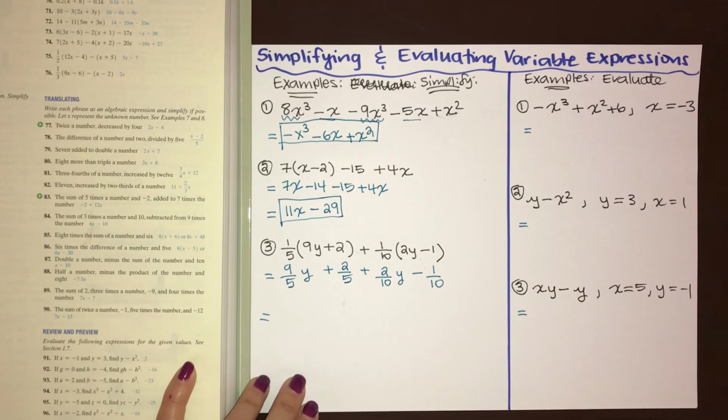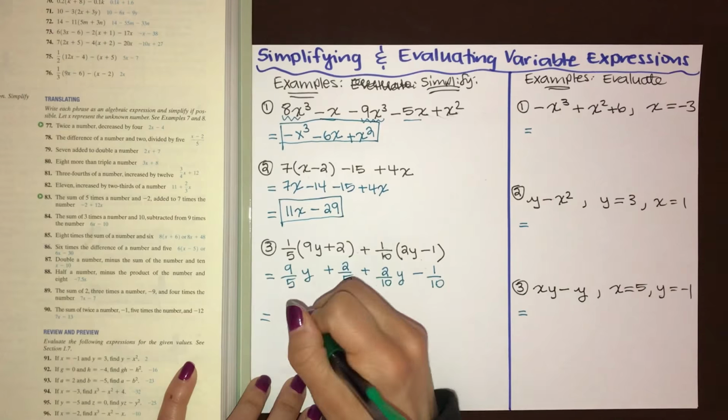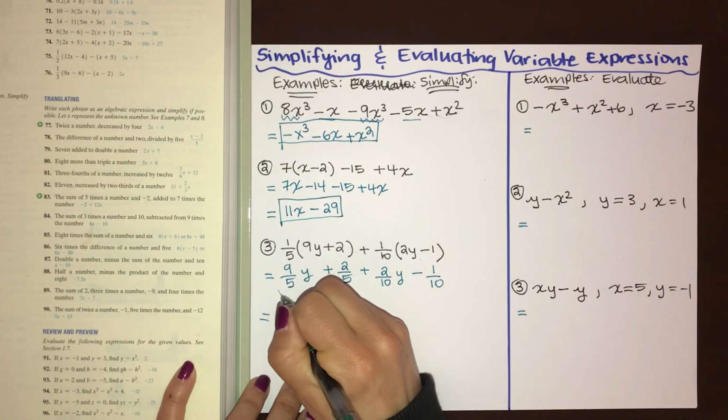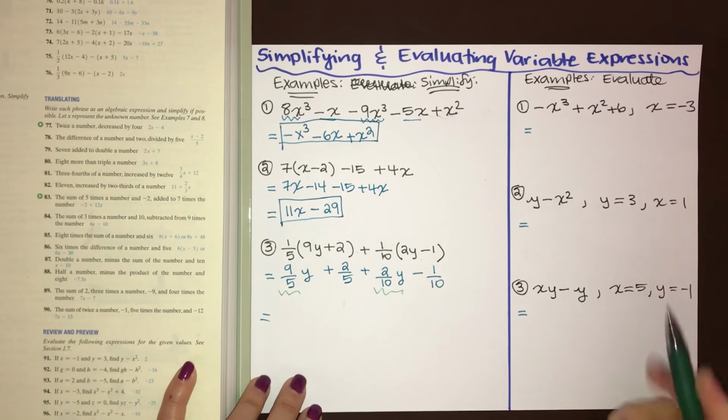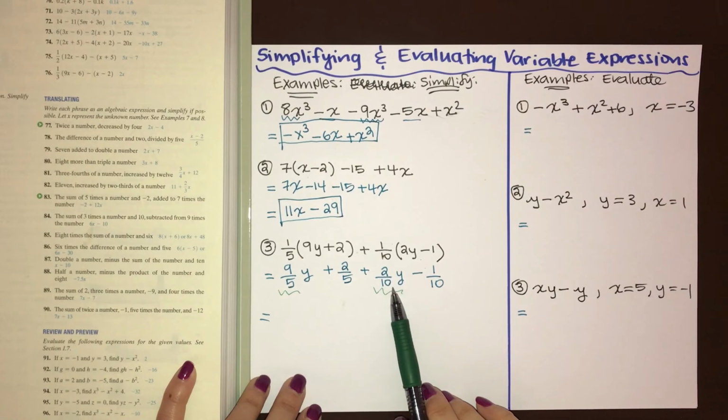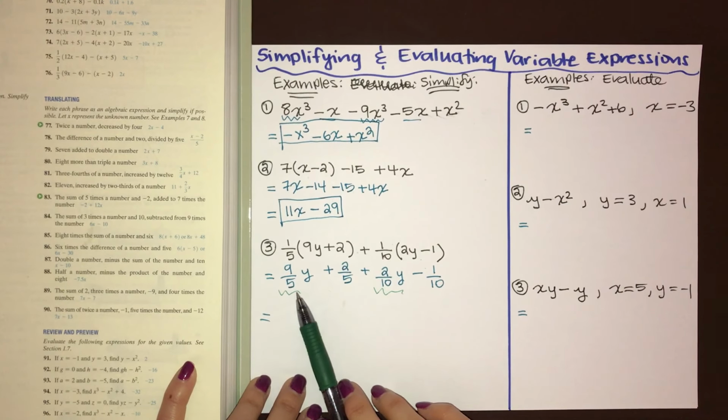Remember that when we are adding and subtracting fractions, we have to have the same denominator. So we need to get a common denominator for the like terms. I do notice, however, that these 2 like terms, I can actually just reduce 2 over 10, and it'll have the same denominator as the first fraction, which is good.